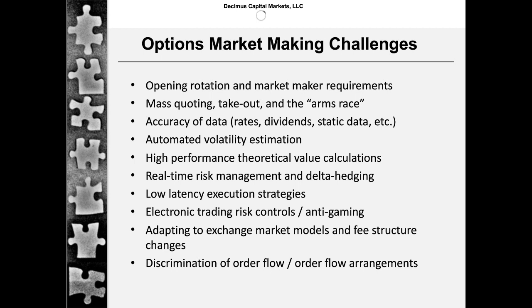I'll talk more about that, but order flow and order flow arrangements are really business development. There are technology aspects also, but that dimension of business development and creating a franchise of order flow, a firm like Citadel, for example, has mastered that, and that has a lot to do with their success. They are the most successful in this space now.